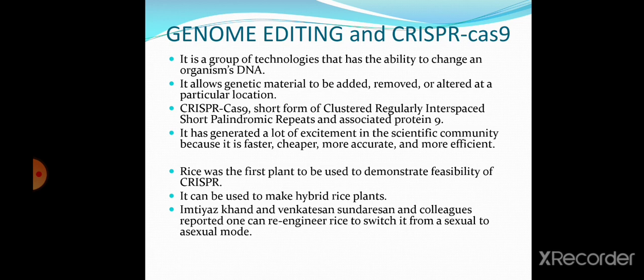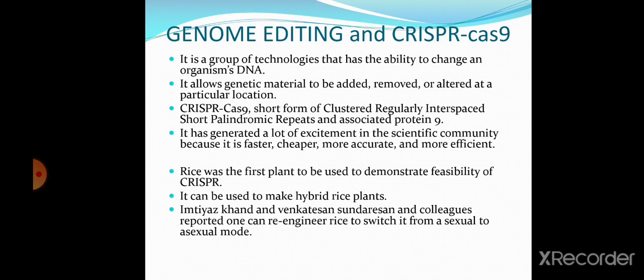Genome editing is a group of technologies that has the ability to change an organism's DNA. This technology allows genetic material to be altered, added or removed at a particular location, a particular locus in the genome. Several approaches to genome editing have been developed.